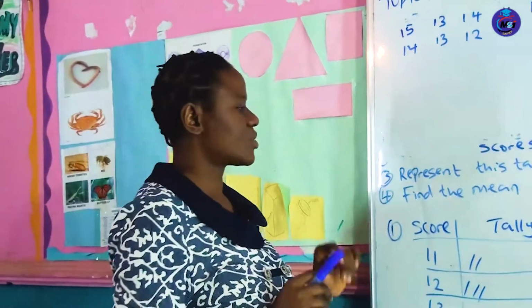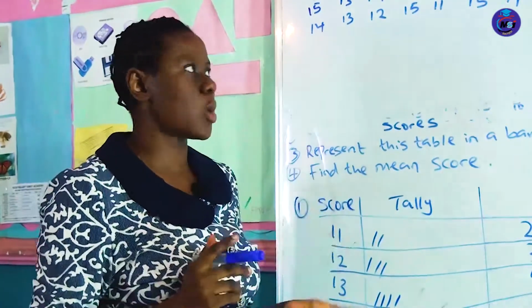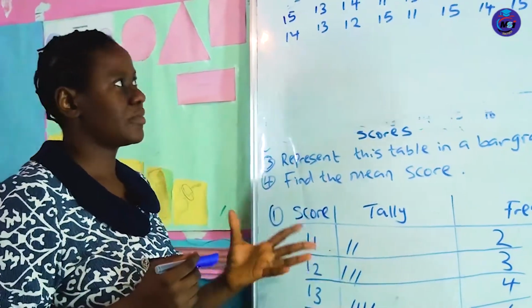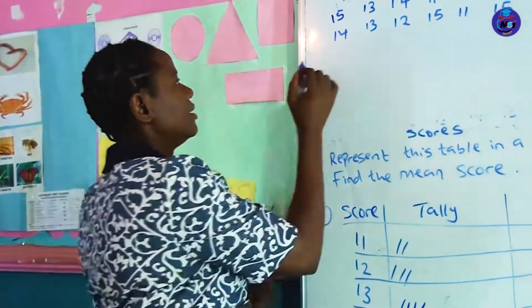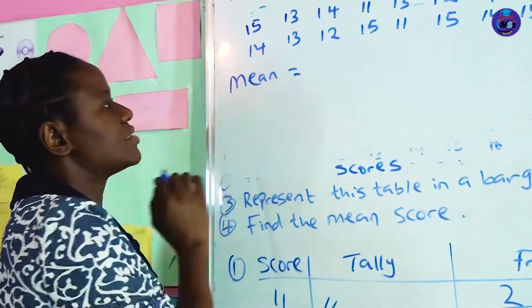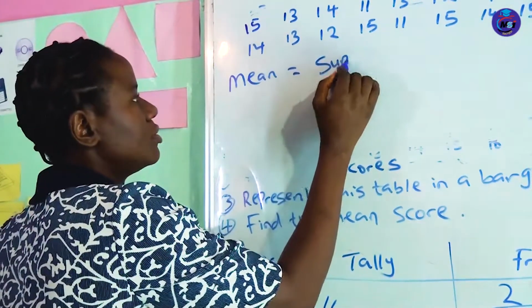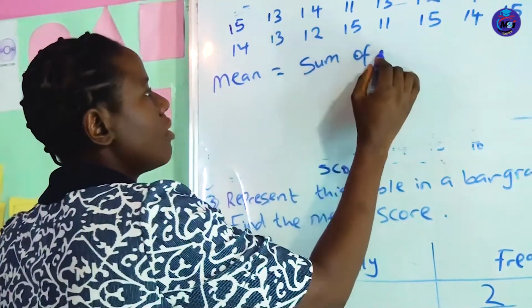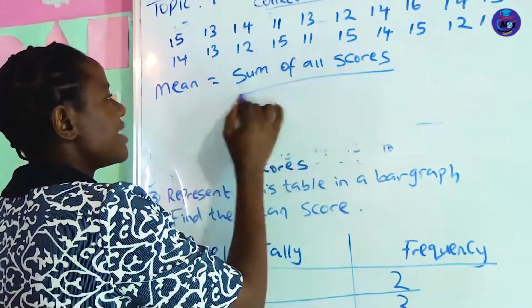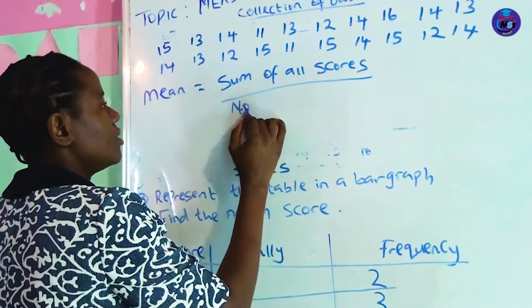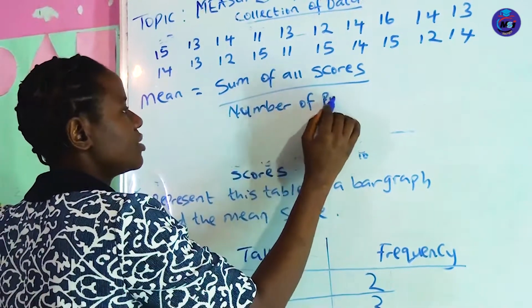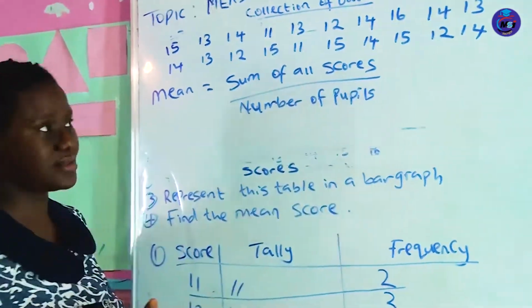Okay, the last question says find the mean score. Now, there are two options here. Like I said, the mean is equal to the sum of all the scores divided by the number of pupils for this particular question.